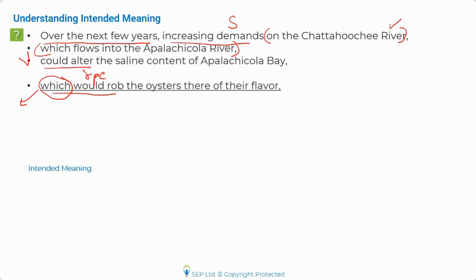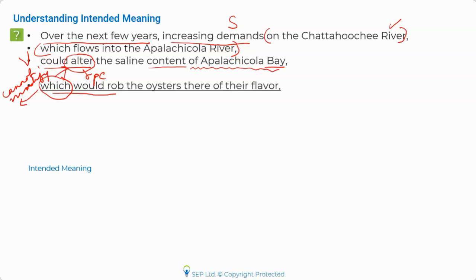The only two nouns next to which are the bay, and even if we ignore this prepositional phrase, which can jump to content. But did the content rob the oysters of the flavor? Did the bay rob the oysters of the flavor? No. It is the change, the altering of the saline that robbed the oysters of the flavor. So we know that which cannot modify alter, because it's a verb.